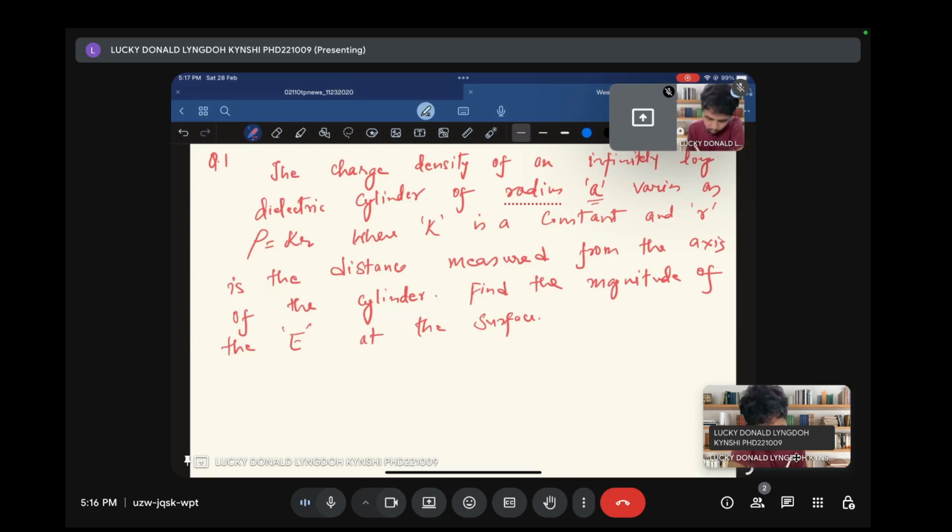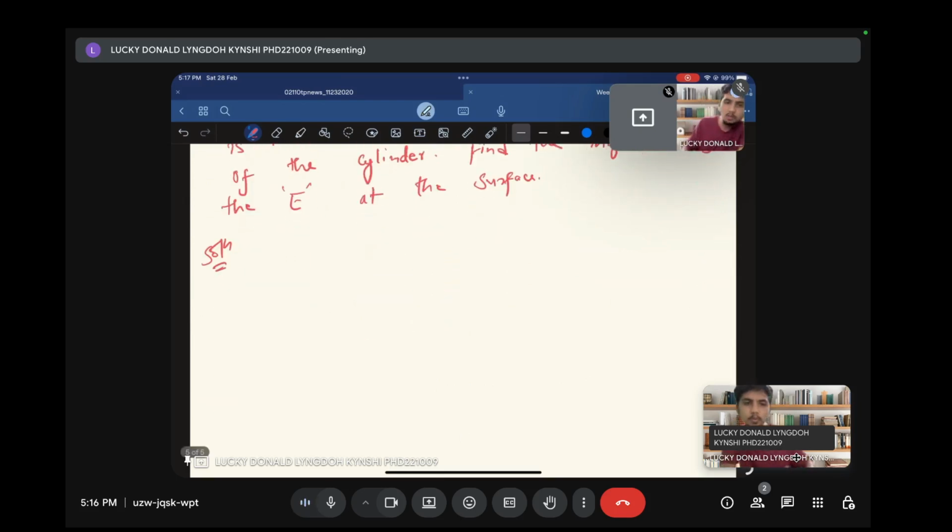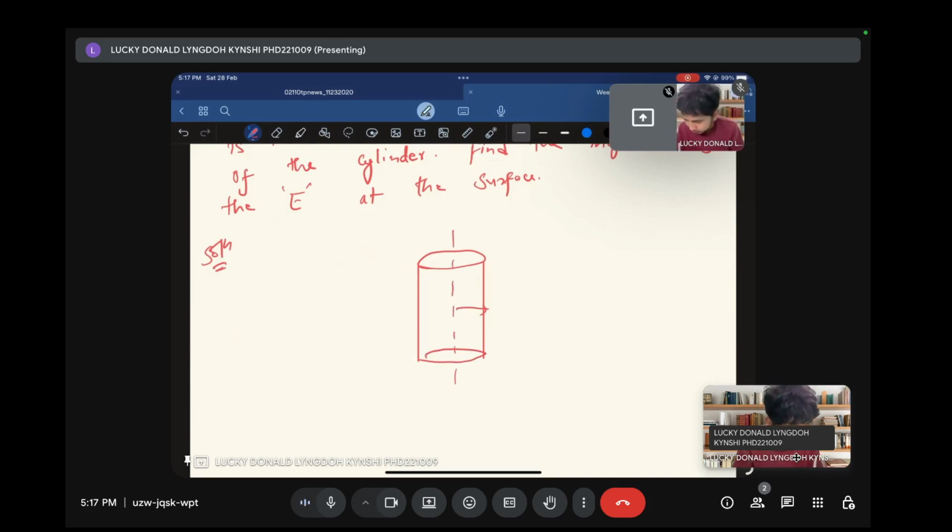So how do you visualize it? There is a cylinder. The radius of this is a, and given that rho is equal to k r, that means the charge density varies as k r.